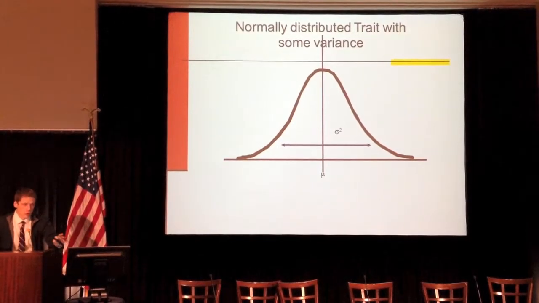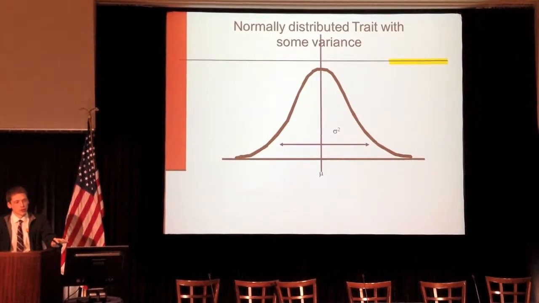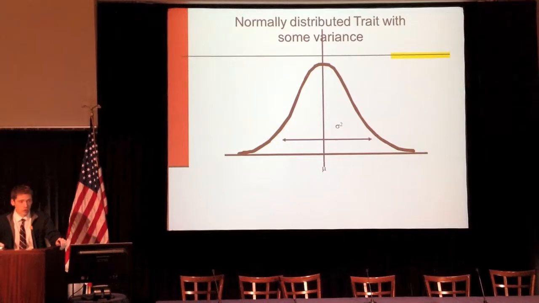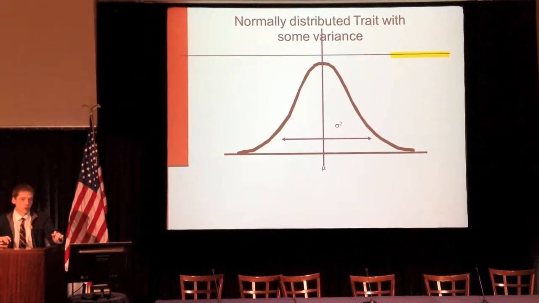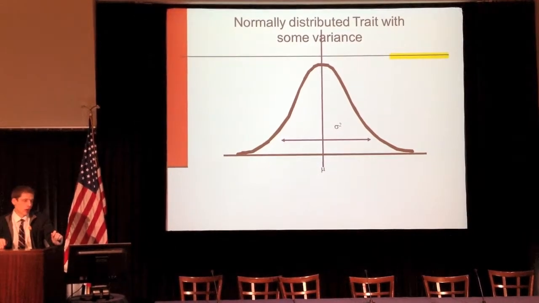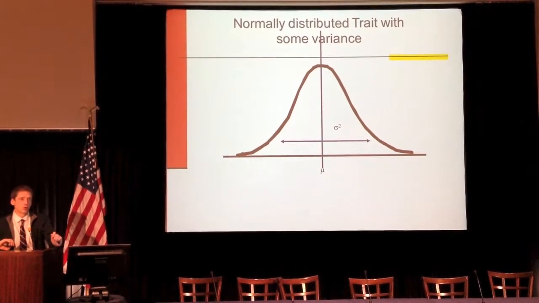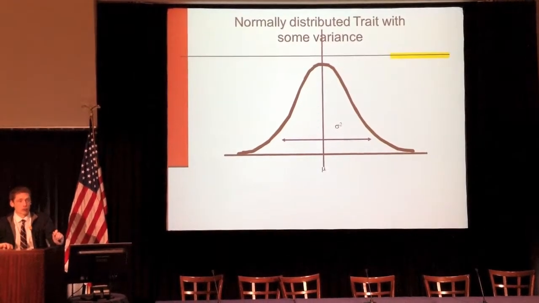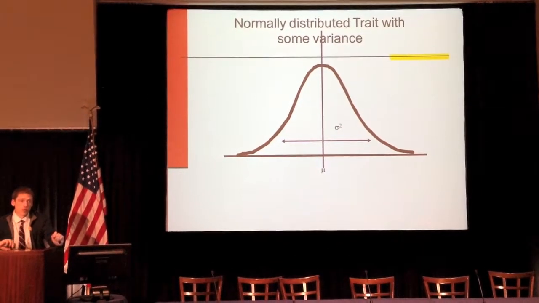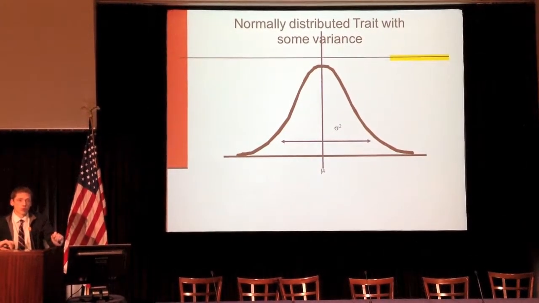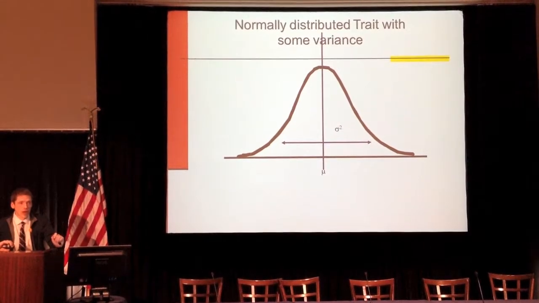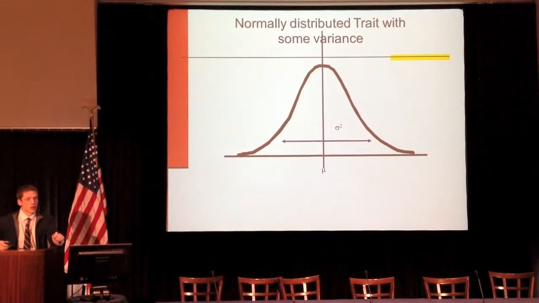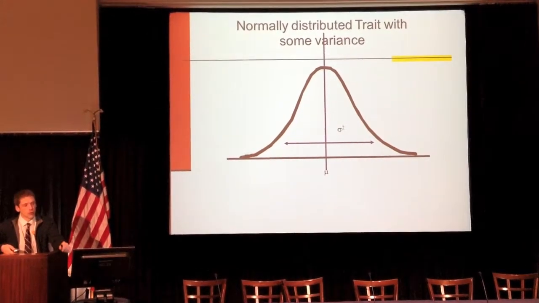Throughout this presentation and this workshop, we will be talking only about normally distributed traits that have some variance. If your trait is not normally distributed, SOLAR offers powerful transformation tools that will ensure a normal distribution for your trait, and this point will be addressed in the follow-up talk.